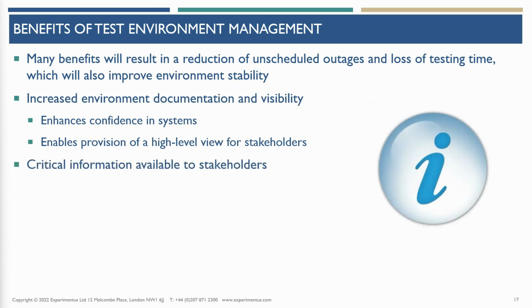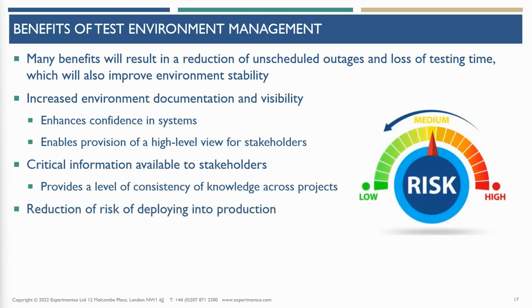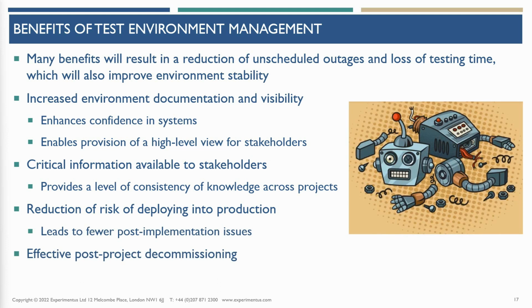Making critical information available in a suitable context to stakeholders ensures a level of consistency of knowledge across projects. A reduction of risk of deploying into production through greater control of change impacts will lead to fewer post-implementation issues. And effective handling of the post-project decommissioning of redundant software and hardware components leads to more effective environment cost management.